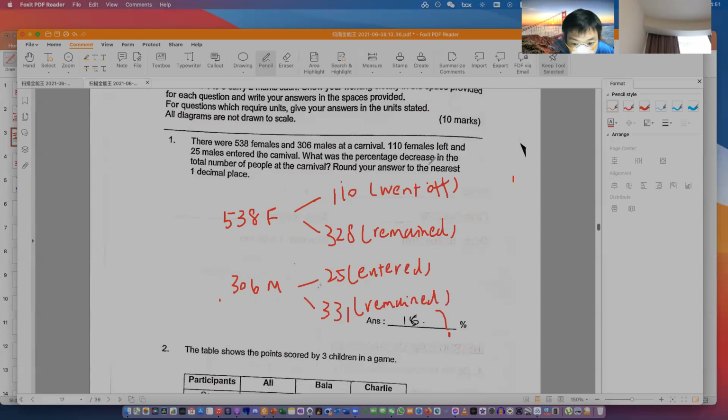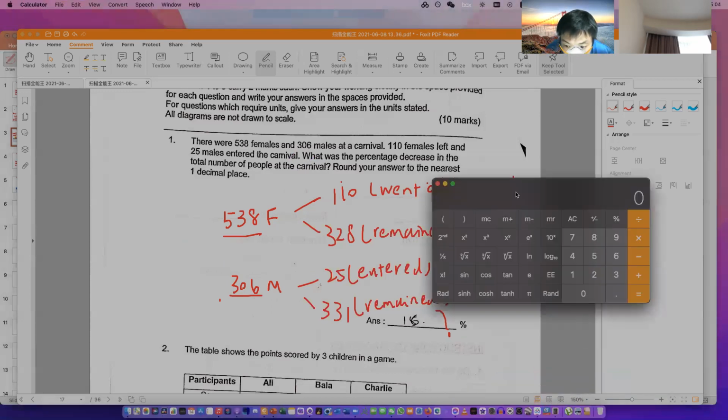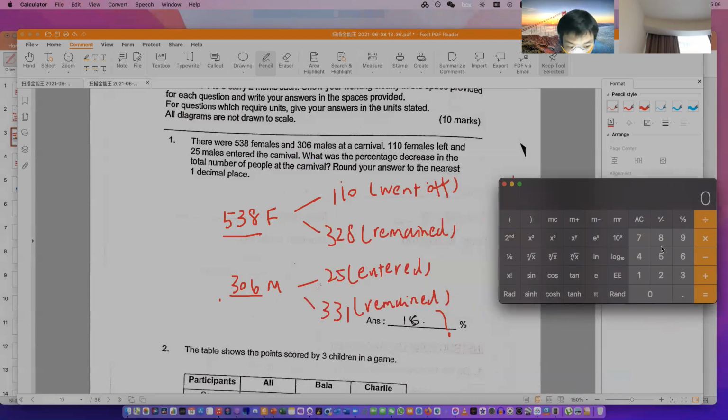So what was the percentage decrease in the total number of people at the carnival? What you can do is add these two together. Let me launch my calculator. So you have 538 plus 306, which is 844.